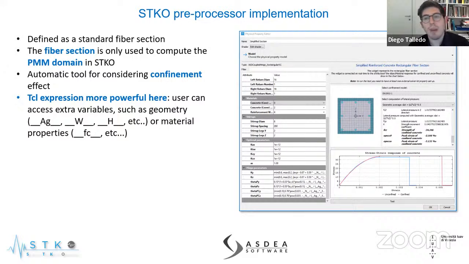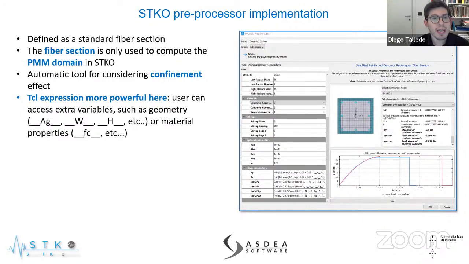Inside here, we can have several advantages, like, for instance, the automatic consideration of confinement, etc. And it's worth mentioning that the Tcl expressions that you can see here for the hinge parameters are a little bit more powerful with respect to the pure Tcl OpenSees counterpart.